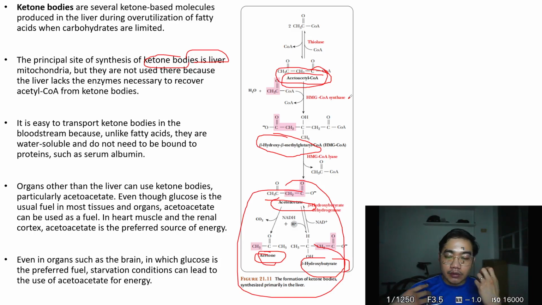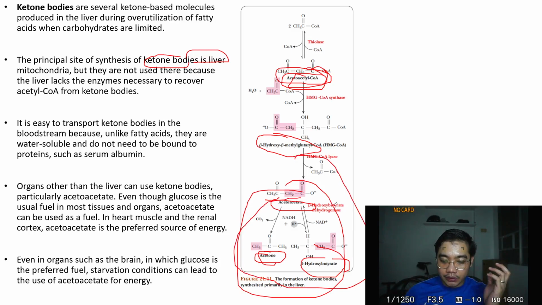But if the lipid metabolism is persistent, then you're going to have a lot of acetoacetyl formation, and this acetoacetyl will be converted into your ketone bodies. So these are synthesized in your liver. So this occurs when there is overutilization of fatty acids when carbohydrates are limited.